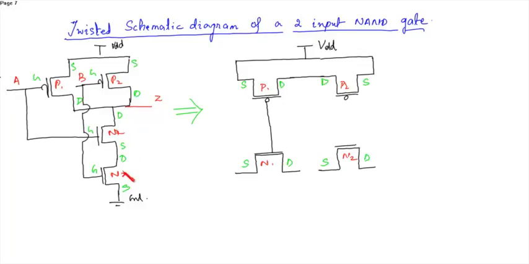For this case, this drain will be connected to the, okay, before that these two gates are also shorted, so this drain will be connected over here, then this drain and this source are shorted. Okay, this source is connected to ground.